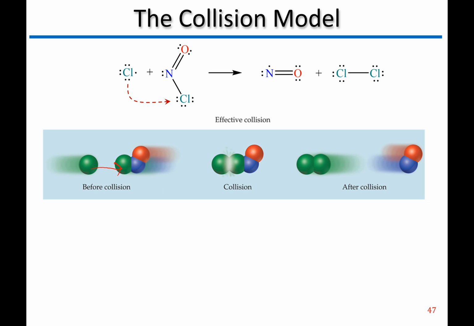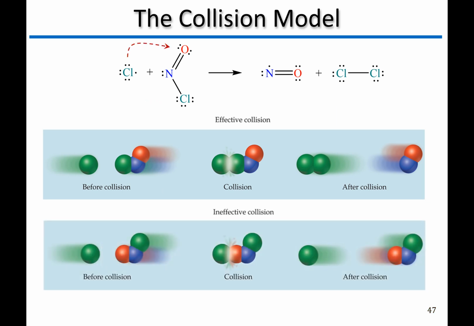Before the collision, they're both just swimming through solution or through space as a gas. Once they meet each other, boom, they collide. Now a reaction happens, and the result is that we break this bond and form a new bond between chlorine. As the reaction gets carried out, the molecules then move away from each other. It's like they flew towards each other, smashed into each other, and then kept on moving.